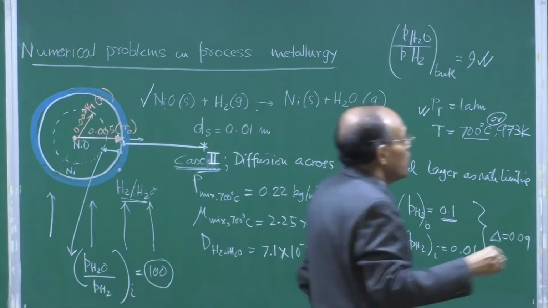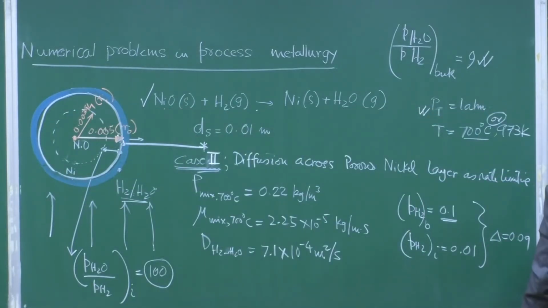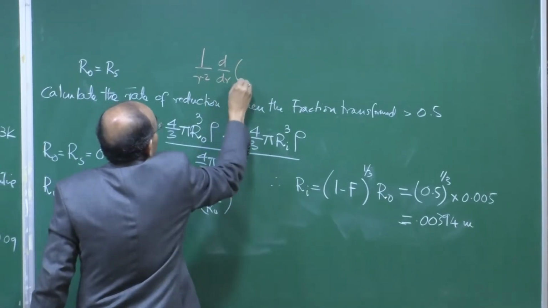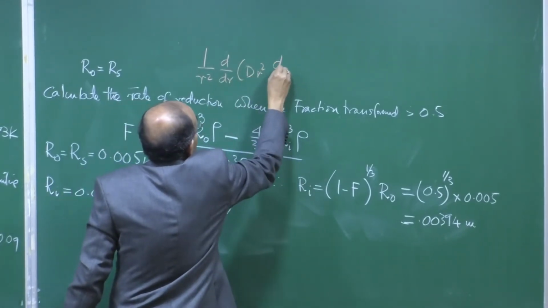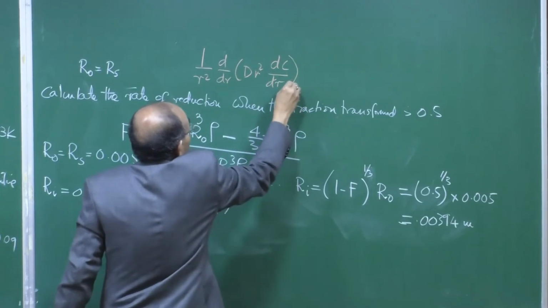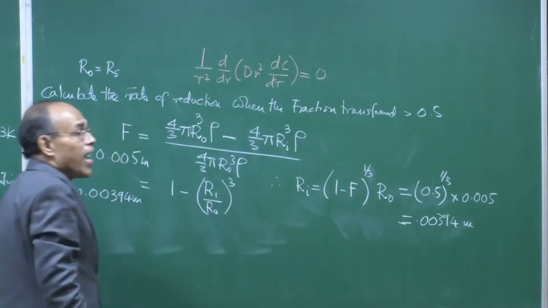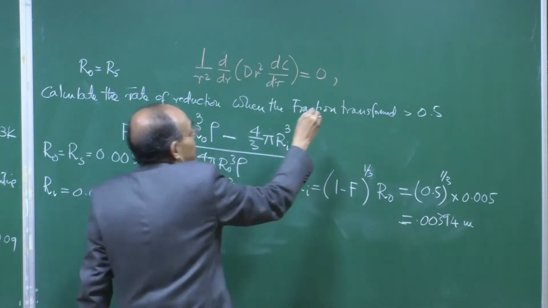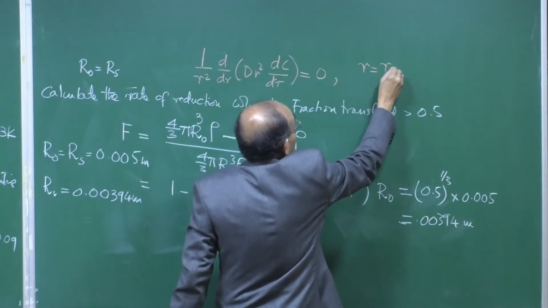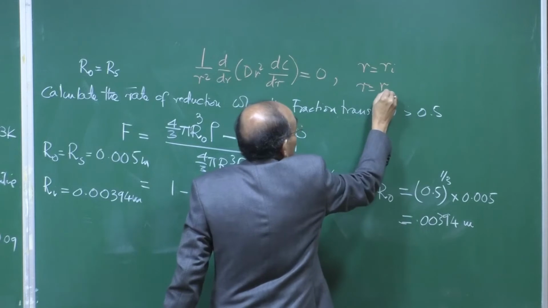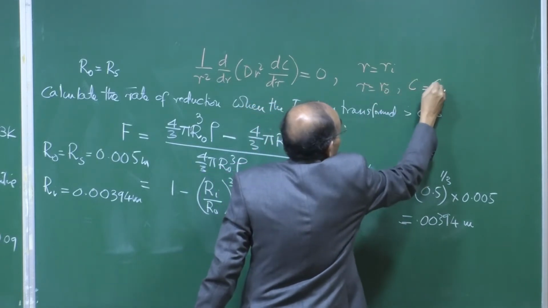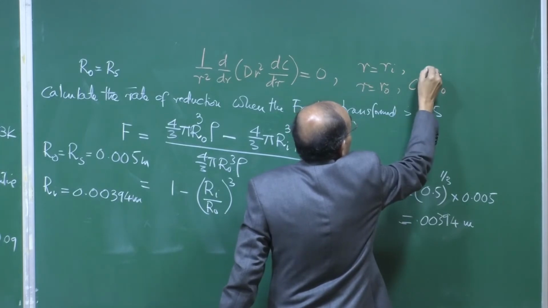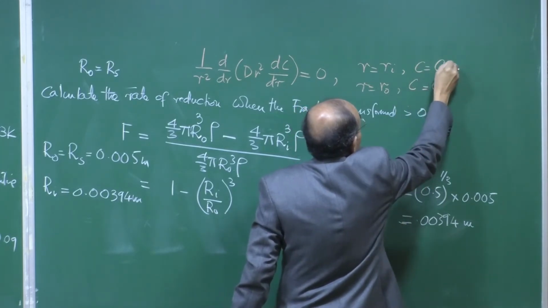If you solve the equation 1 by r square d by dr of r square dC by dr equal to 0 and apply the boundary conditions, two boundary conditions are needed: at r equal to Ri and at r equal to R0, C is equal to C0 and C is equal to Ci.